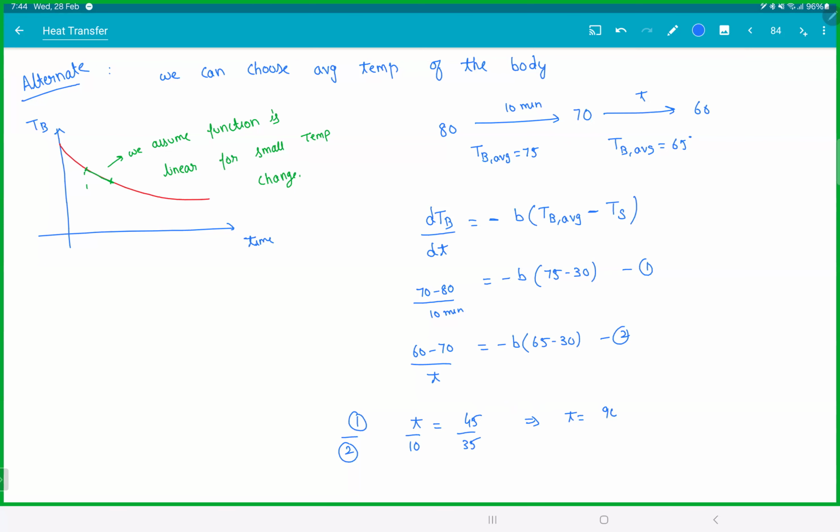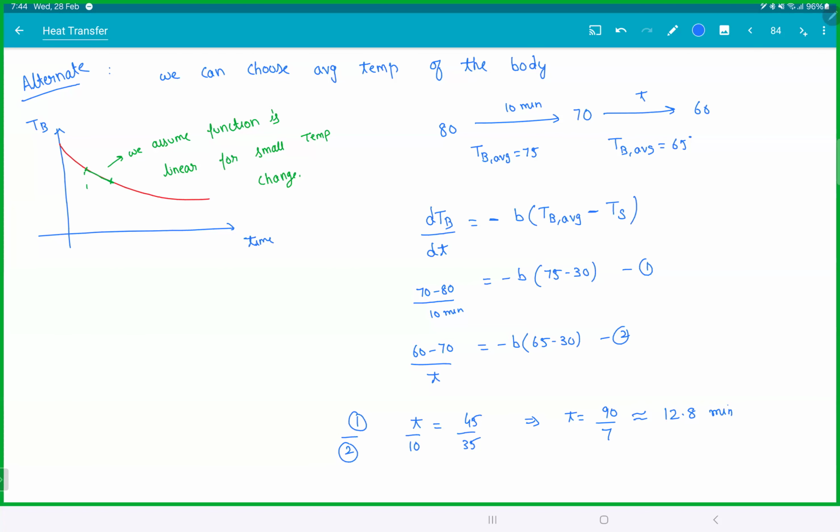So that would be around 97.57 by 7. It's approximately 7.72, so 8 minutes approximately, something like this. Clear this?